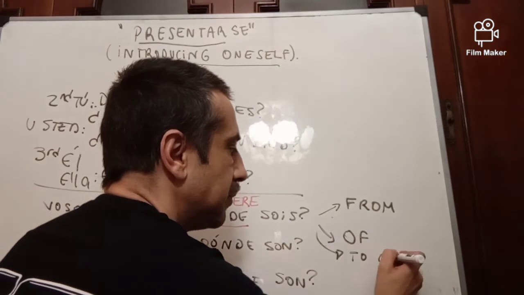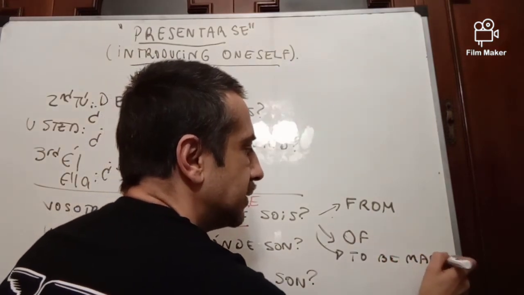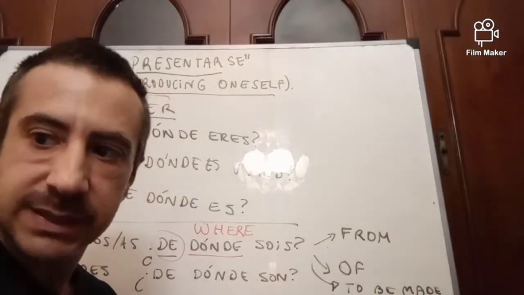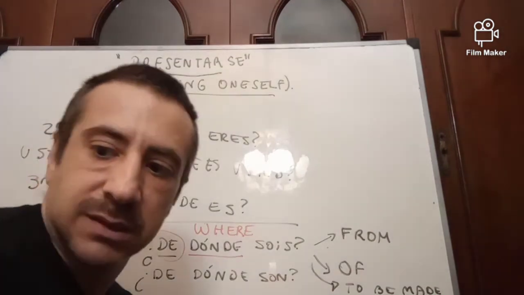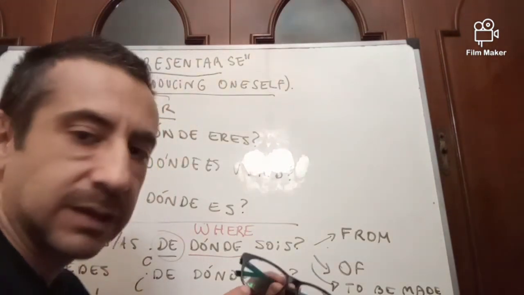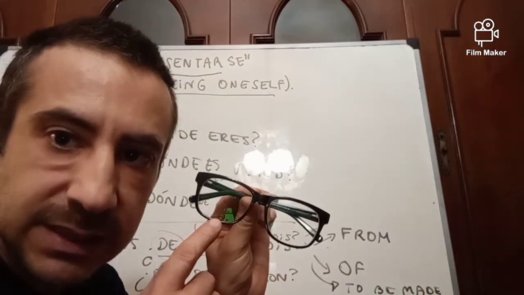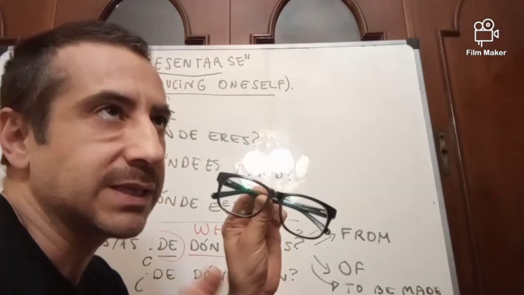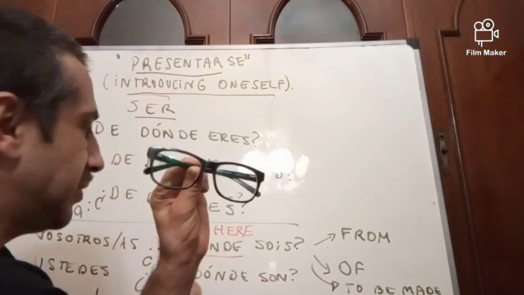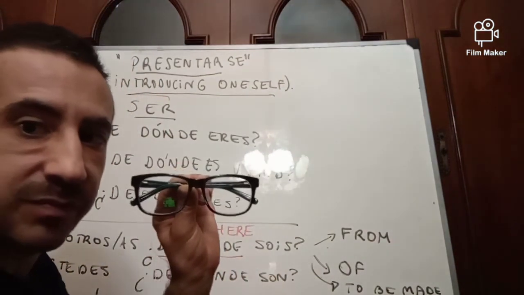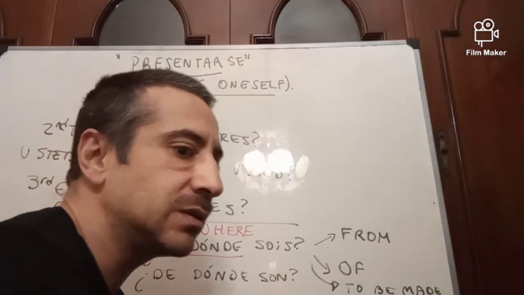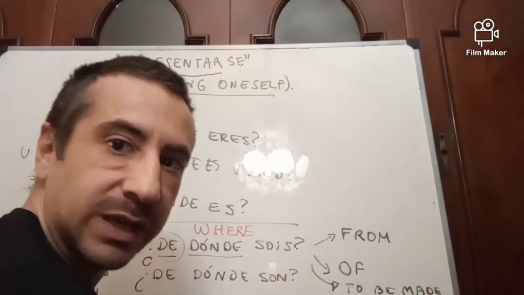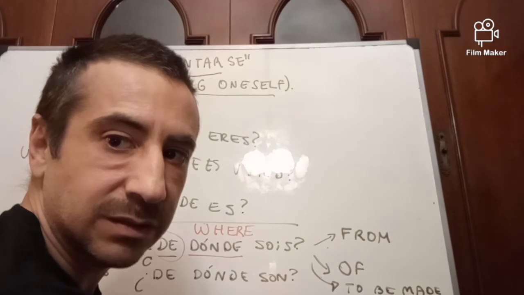To be made of. For example, let's see. Well, glasses are made out of glass. Well, in Spanish, los anteojos son de vidrio. Or, for example, I'm knocking on the furniture.